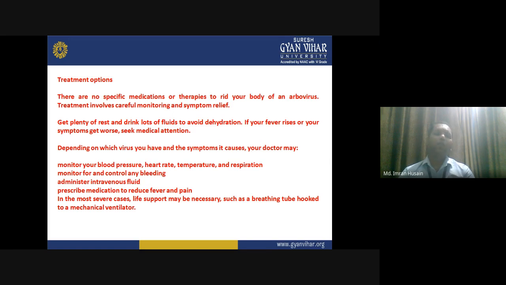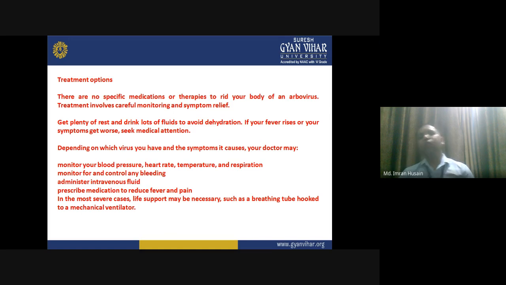There are no specific medications or therapies to rid your body of an arbovirus. Okay, there is no specialized medicine. When it comes to the majority of viral diseases, we still do not have specific medication therapies. Treatment involves careful monitoring and symptom relief.